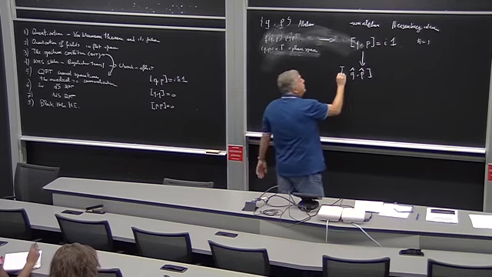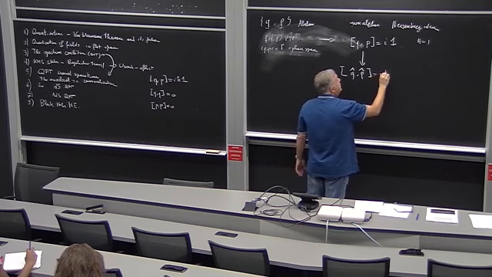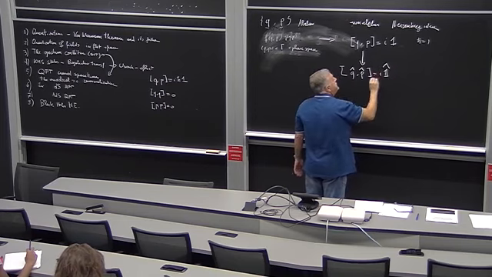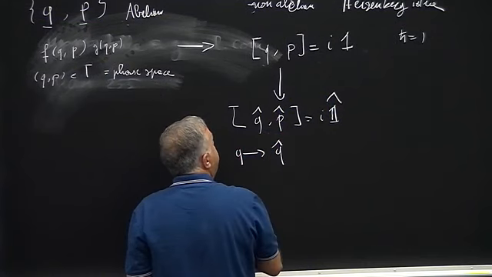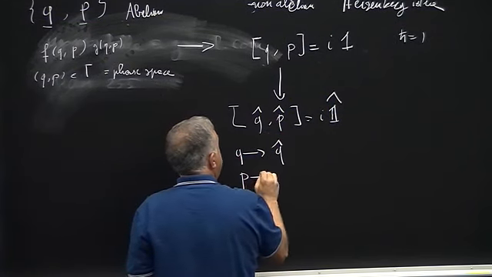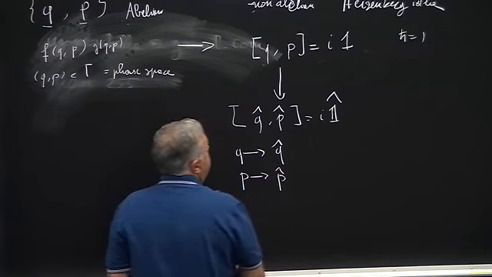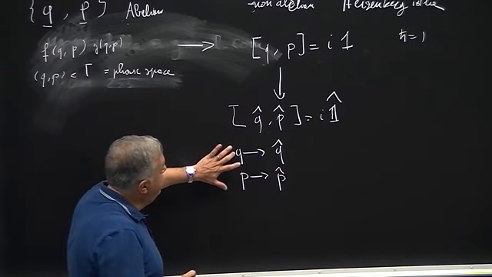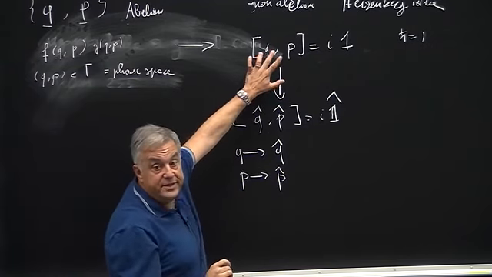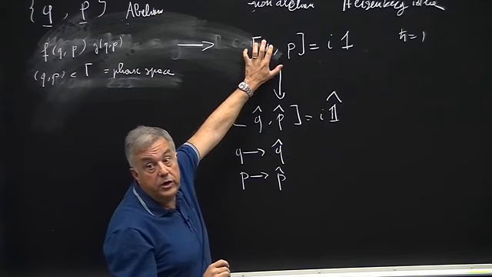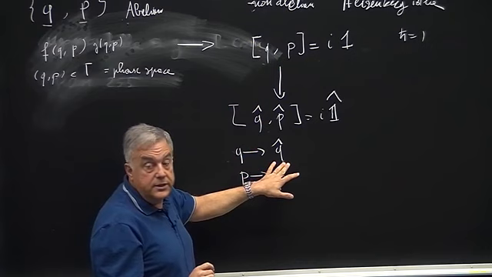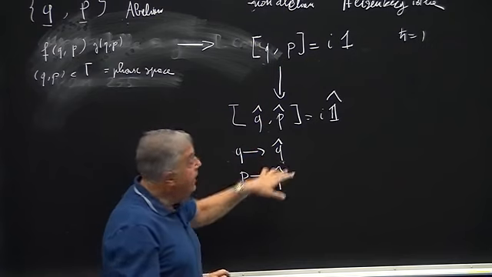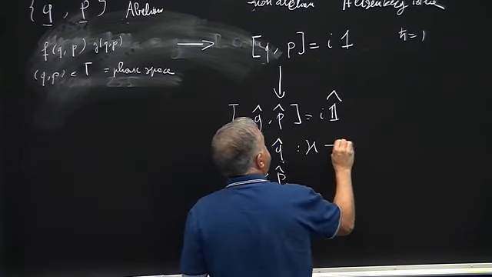And now you want to represent this relationship as operators in a Hilbert space. So you are confronted with the task of mapping the elements of your abstract algebra, the canonical commutation relation algebra, into operators in a Hilbert space.